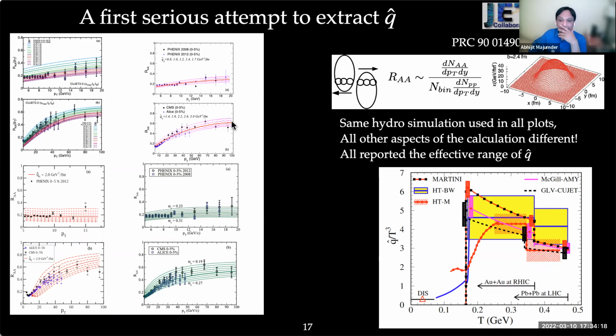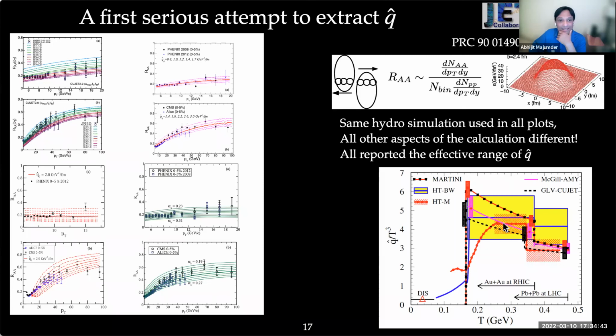We compared them, and as you can see, the predictions are not the same. They're all a little bit different, because the underlying models are different. But what is the same in all of them is that, in this plot of q-hat scaled by temperature cubed as a function of temperature, they had to rescale the q-hat.